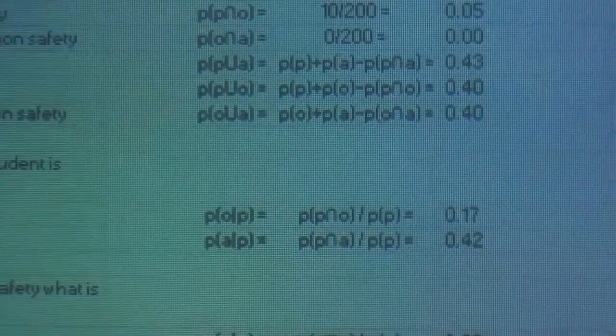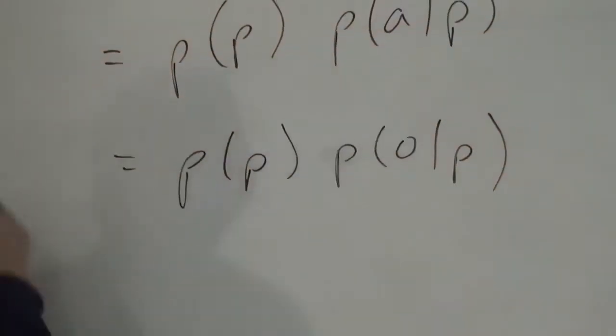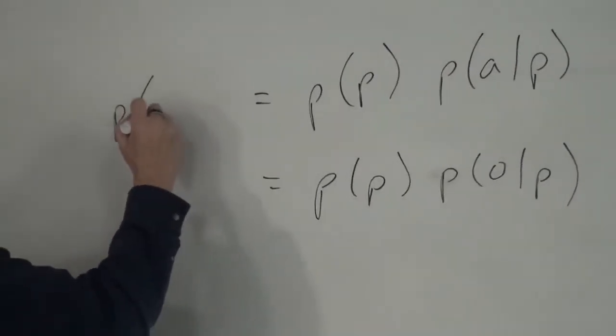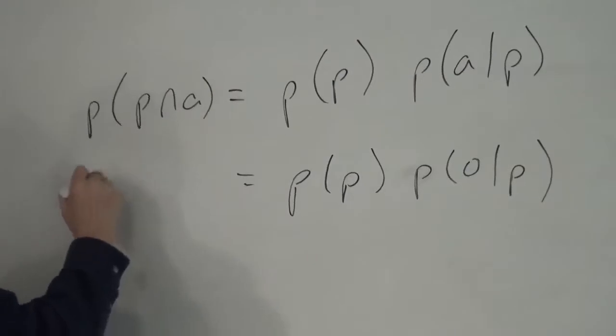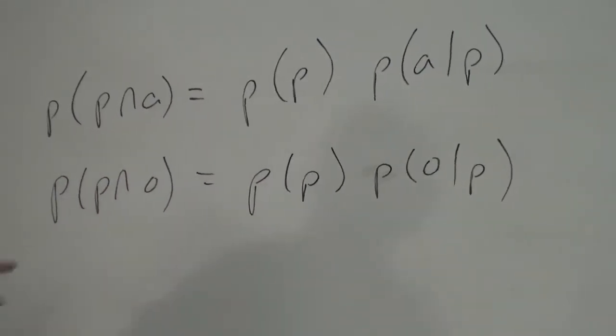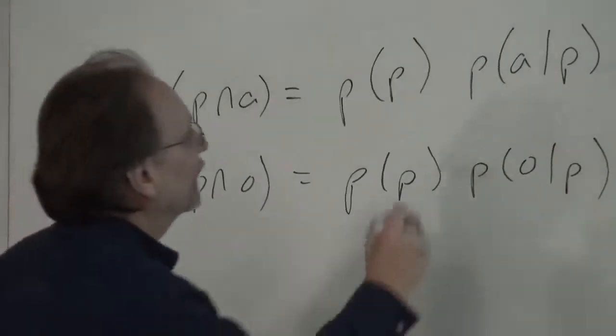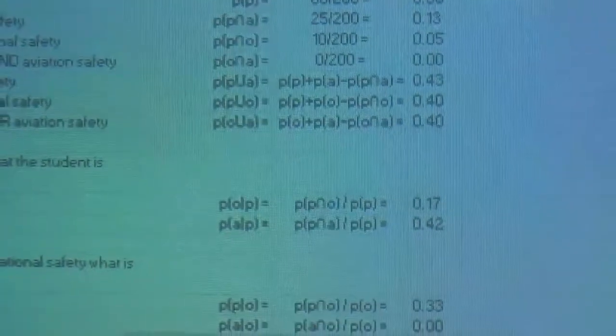So that's what these two come from, and we know the intersection. Since we know this, and we know this, we just solve for those to get both of these relationships here in order to get those probabilities.